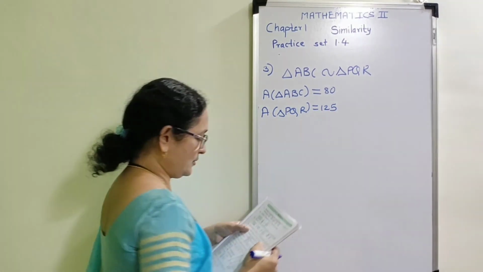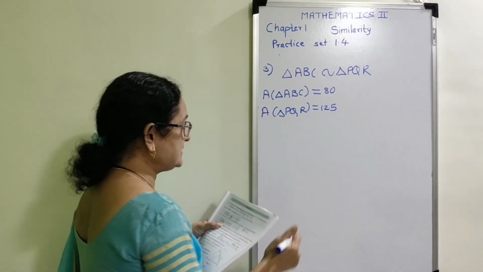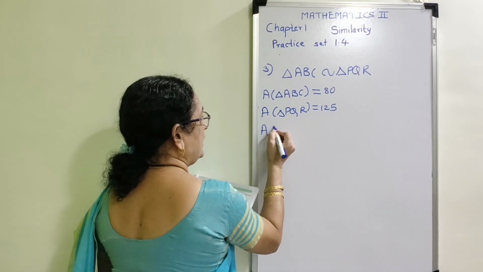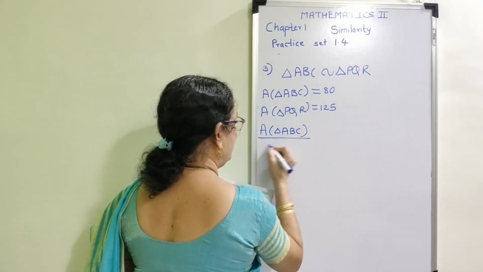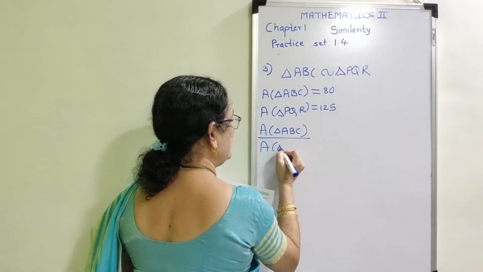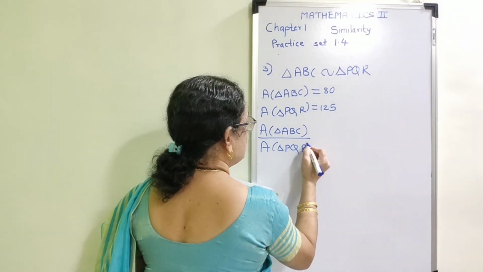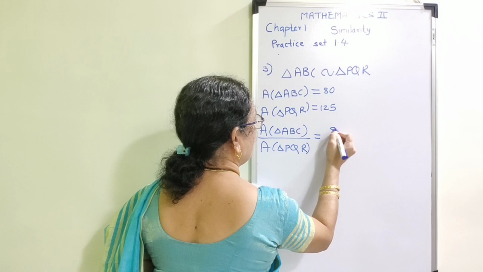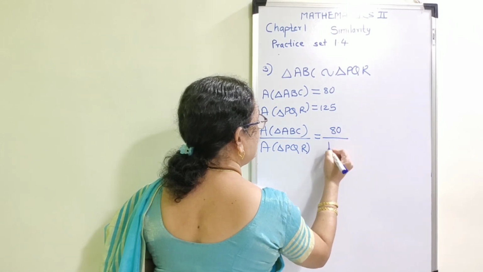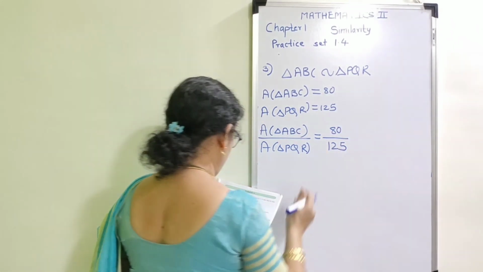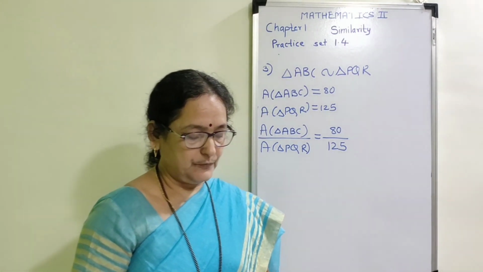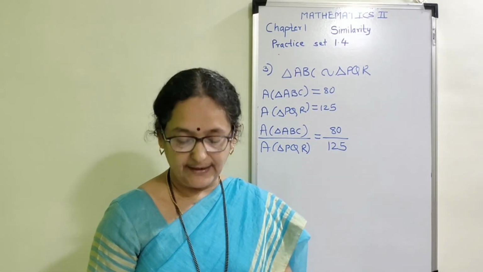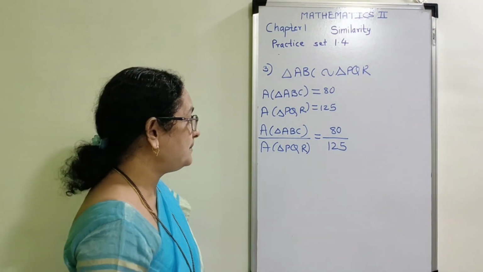Now here also you are going to substitute and fill in the blanks, that is area of triangle ABC upon area of triangle PQR is equal to, substituting given values, you will get 80:125. Now you are going to find out the ratio of the two corresponding sides of the triangles, that is AB upon PQ.